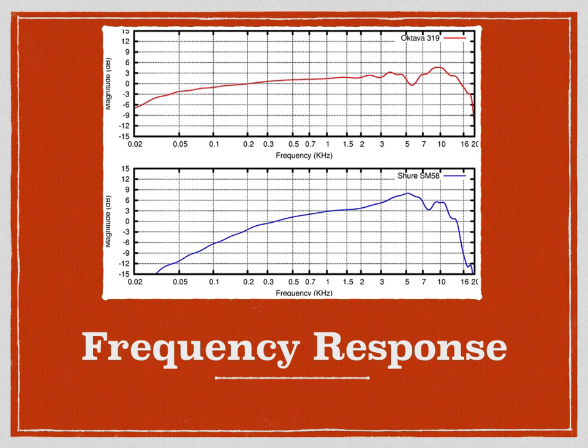It starts at a much lower magnitude and it goes up to a much higher magnitude than the condenser microphone. And these differences in frequency response have to do with the setup inside the microphone. One of the things is the size of the diaphragm in the microphone, which is what we will discuss next.